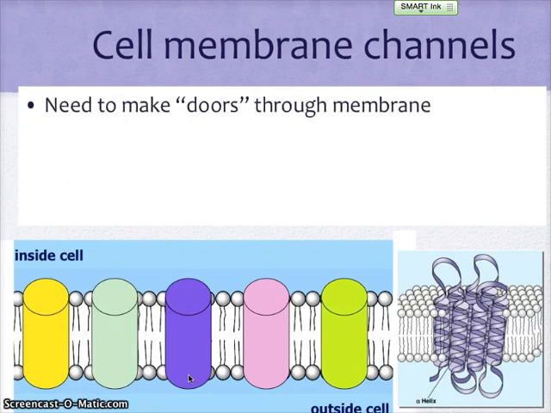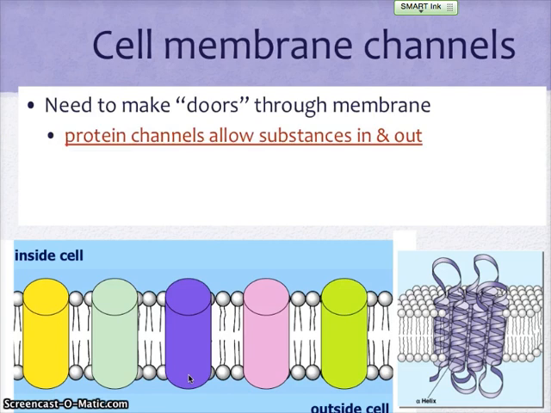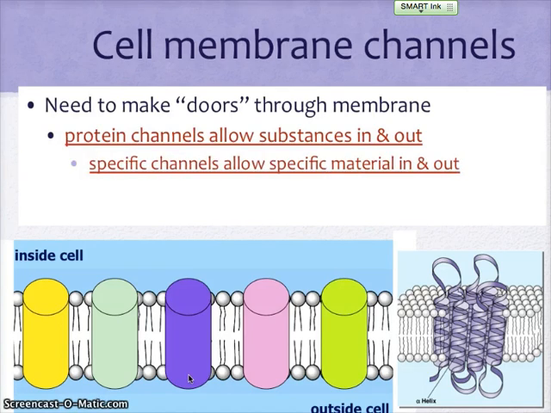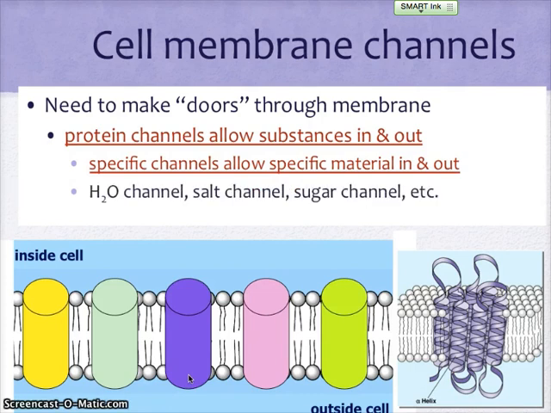The way this is done is it basically makes little doors. We call those doors protein channels. Certain channels will allow certain materials, and they're very specific. So there's a water channel, salt channel, sugar channel, etc. Notice that the sugar can only go through the channel meant for sugar. Amino acids, same thing.